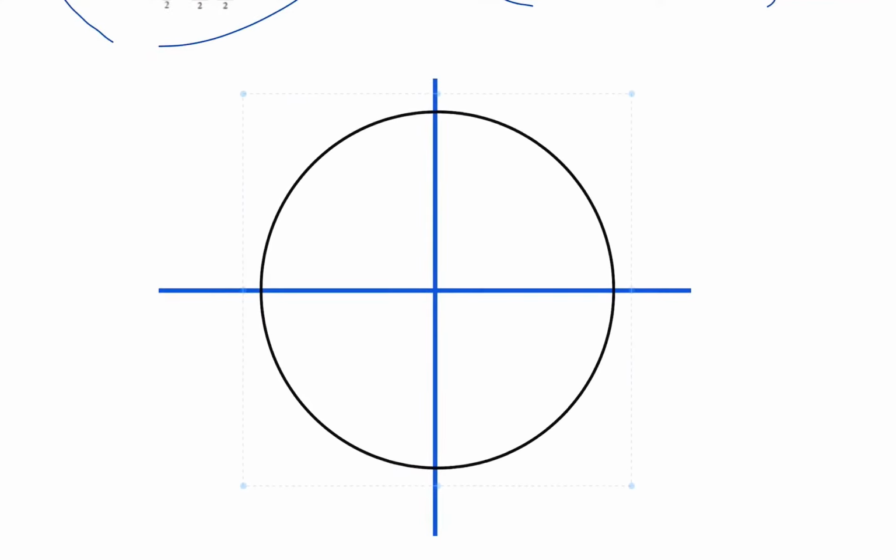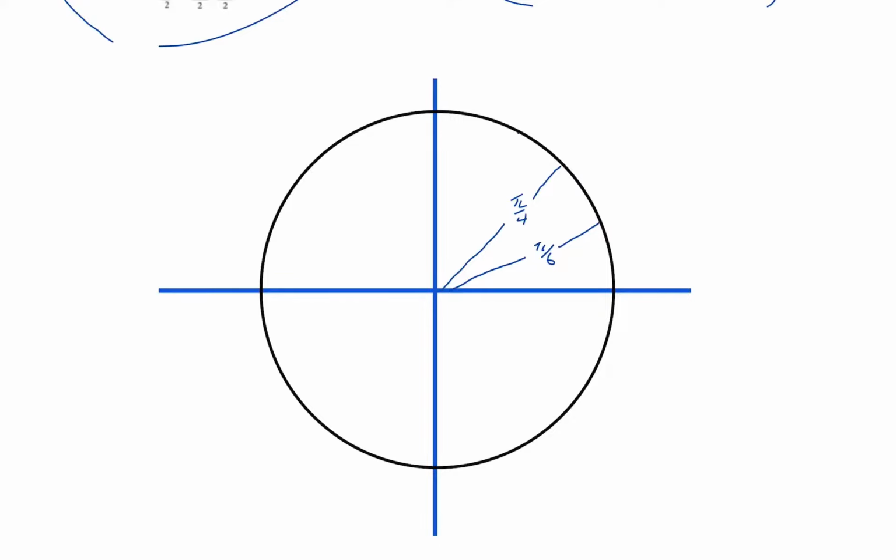So let's pay attention to the patterns. So first, we must remember this angle right here, pi over 4. Pi over 4. And this angle right here, pi over 6. Oh, let me draw maybe better scale. Pi over 6.